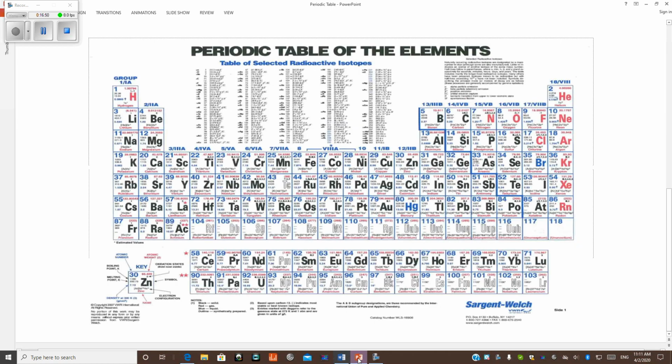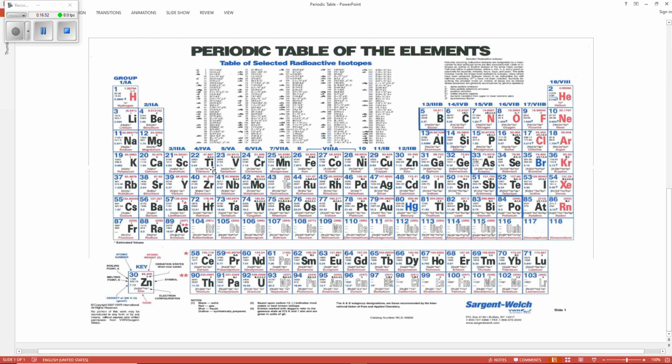Look at this. Most of them are black in color. They are solid, and one exception is number 80, mercury, a liquid. Black means solid at room temperature, about 70 Fahrenheit.